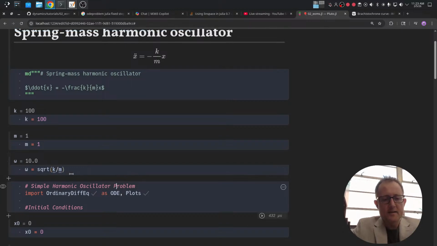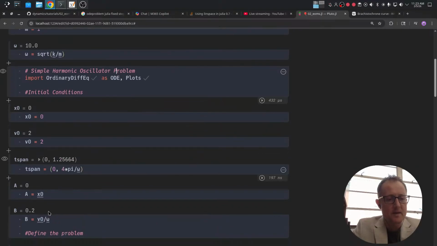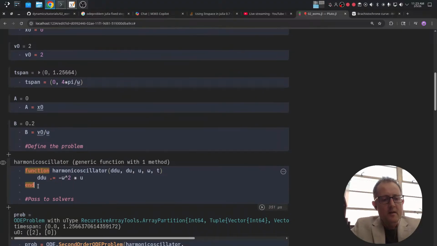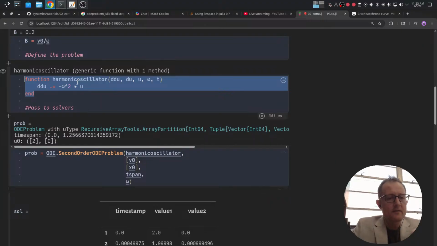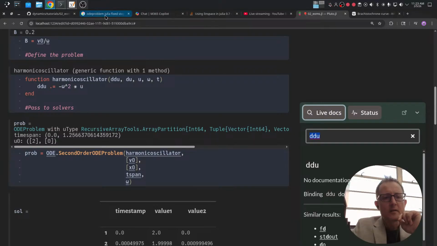Then we'll use that same thing, the ordinary differential equations and plots, to actually take a look at what's going on. I could combine some of these with a begin and end. So DDU is this. This is a little different than what I'm used to for defining differential equations.